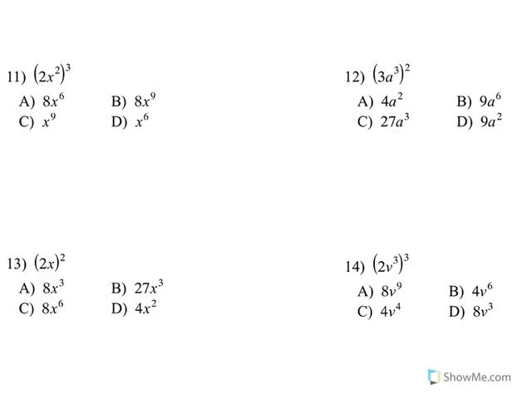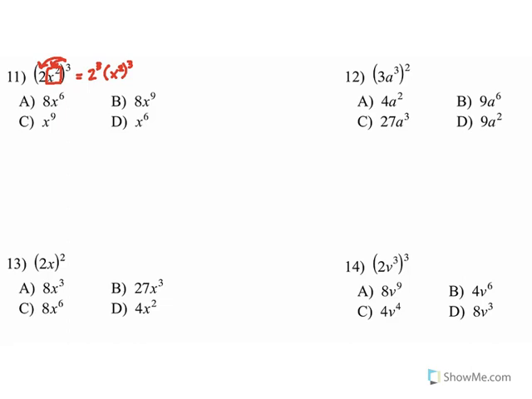So the first thing I need to do is I need to distribute this exponent. So we're going to have 2 to the third. Now see how this x squared, it has an exponent already. We're going to keep that in parentheses. We're going to have x squared. And then the 3 goes with it because we distributed the 3 to both of those things.